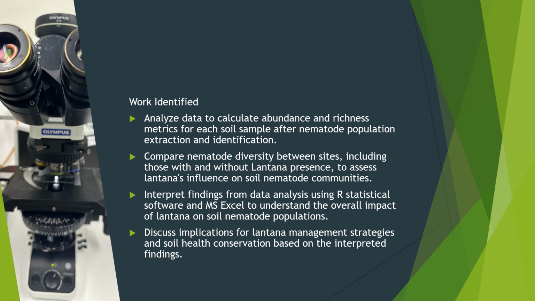Interpret findings from data analysis using R statistical software and MS Excel to understand the overall impact of lantana on soil nematode populations. Discuss implications for lantana management strategies and soil health conservation based on the interpreted findings.